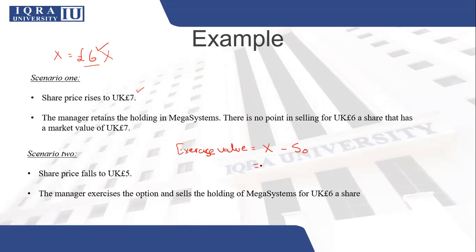This is the formula in this case. So the strike price is 6, the spot price is 5. This gives you an exercise value of 1. And if you calculate the exercise value in the first scenario, it is going to be 6 minus 7, which means -1. So in this case, you're not going to exercise it because you do not want to go into loss.